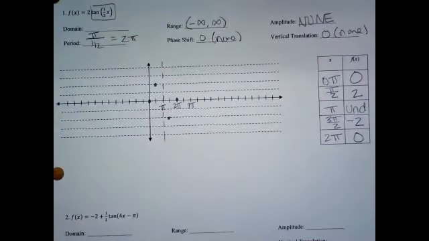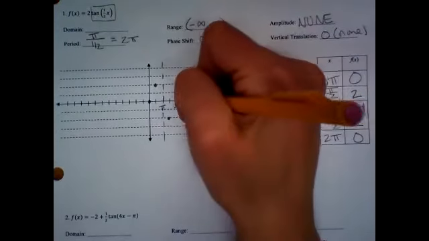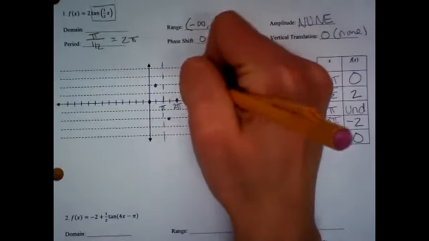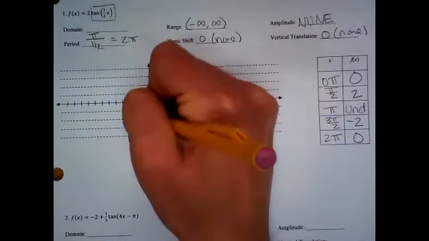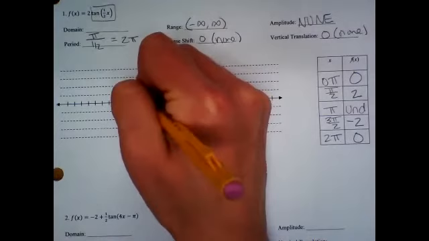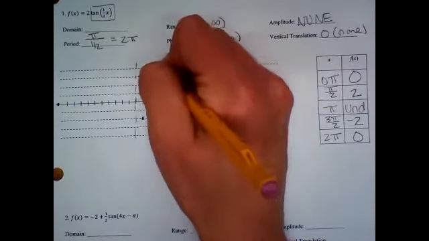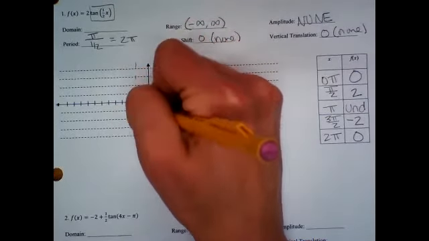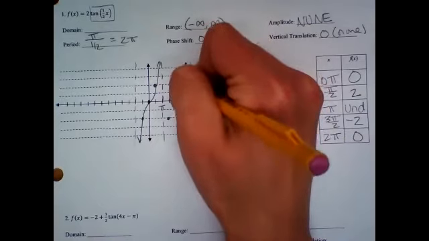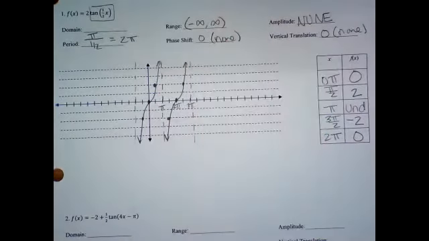So the pattern goes -2, 0 to asymptote, -2, 0 to asymptote. And you can draw more if you want, but that's all I need. 2 of them is good enough.